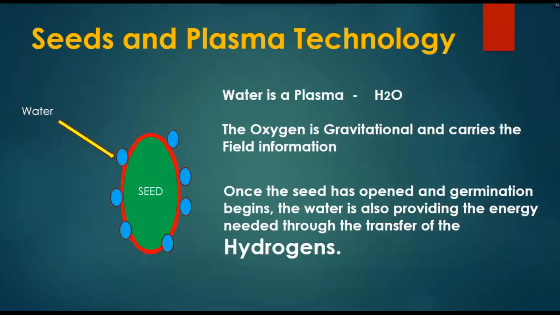So the rain and the water is bringing in the fields from the environment. We know that summer and winter and autumn and spring all have different magnetic gravitational fields. So it's this water which will have the fields of spring or summer.